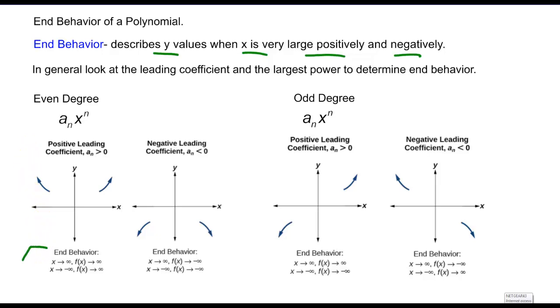And this is how we write end behavior. As x goes to infinity, f of x, which we know is y, goes to positive infinity, and when x goes to negative infinity, f of x, which is y, goes to positive infinity.